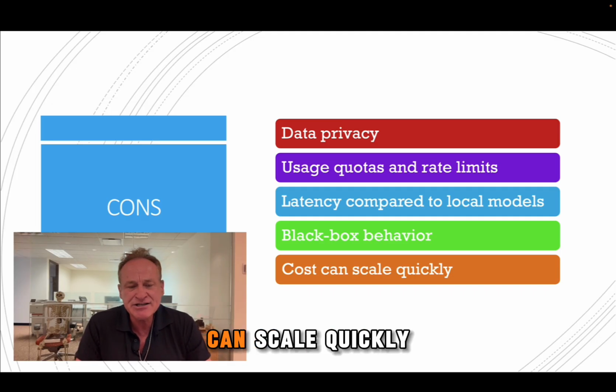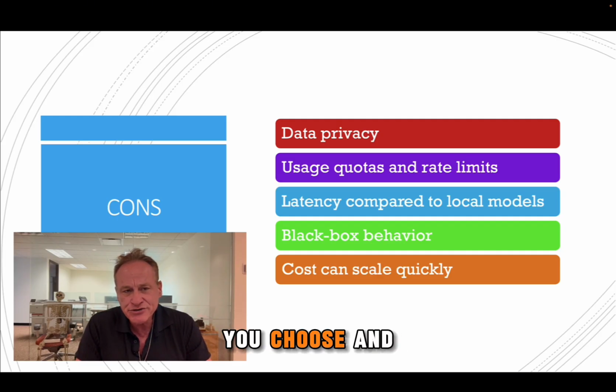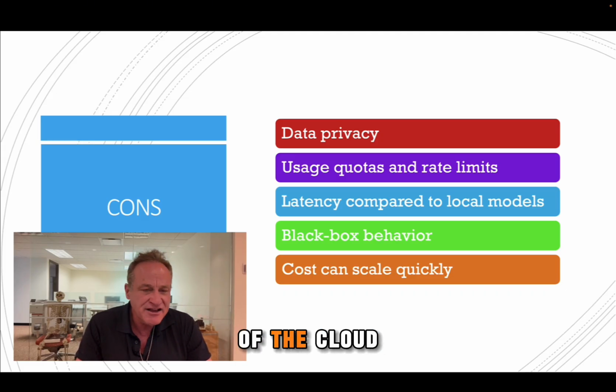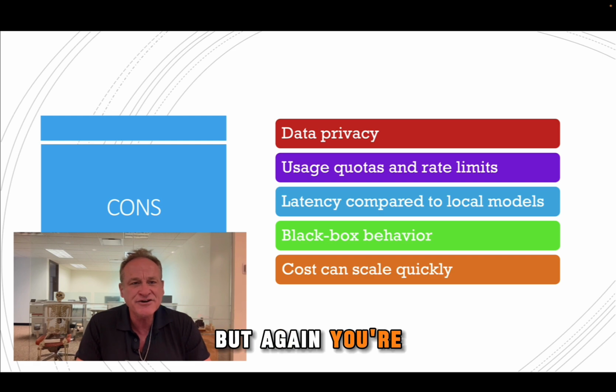So your costs can scale quickly if you're not careful with what model you choose and passing too many tokens when you don't need to. So that is a con. So these are the pros and cons of the cloud model, but again, you're going to have to choose your models wisely depending on your use case.